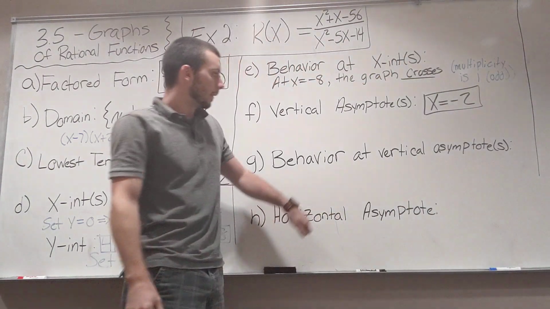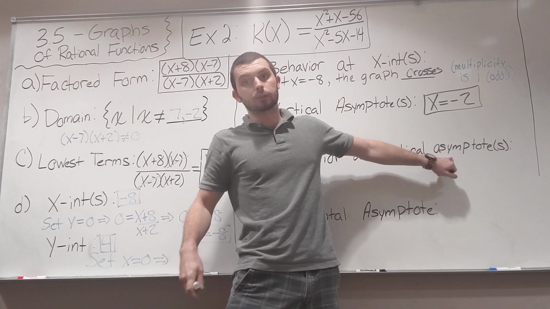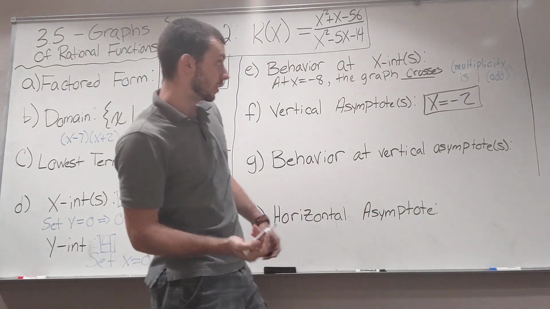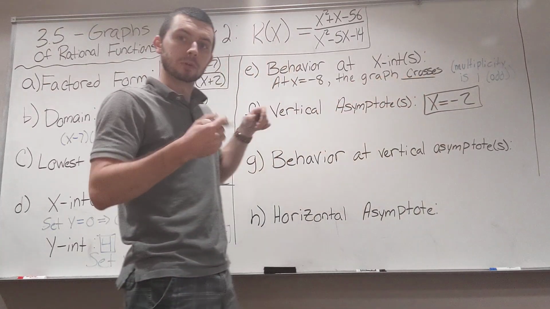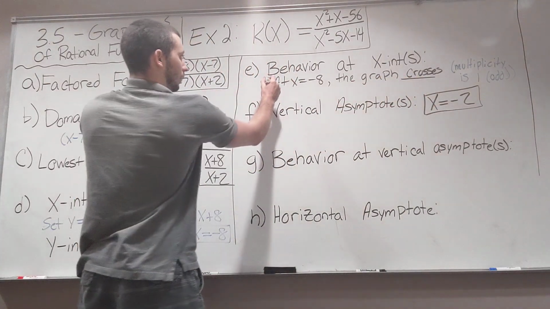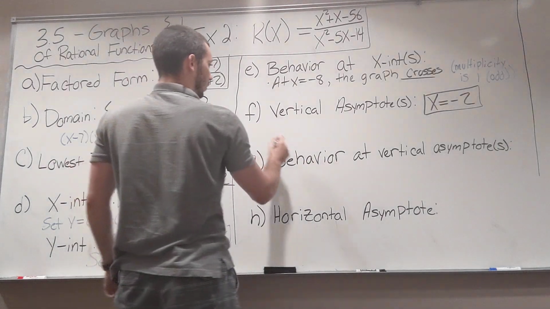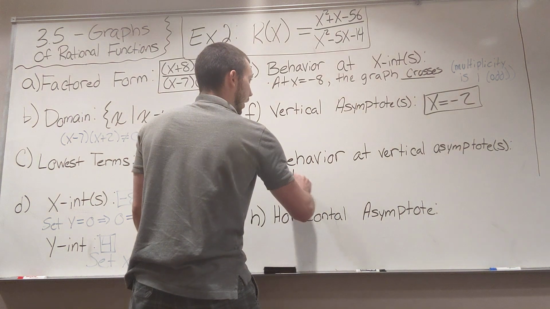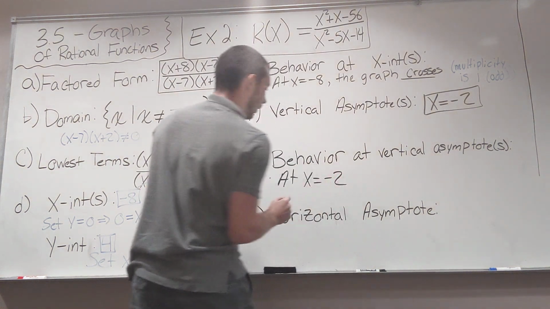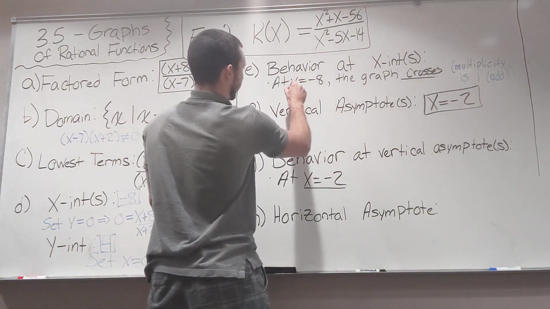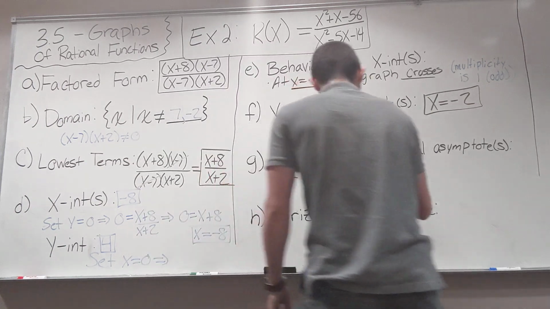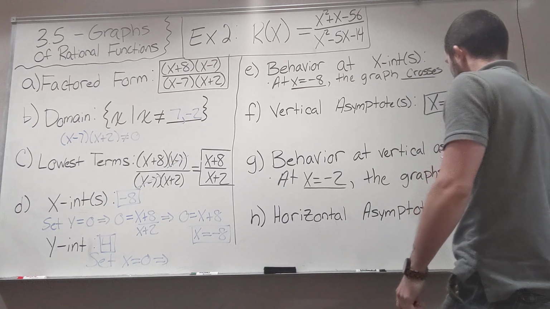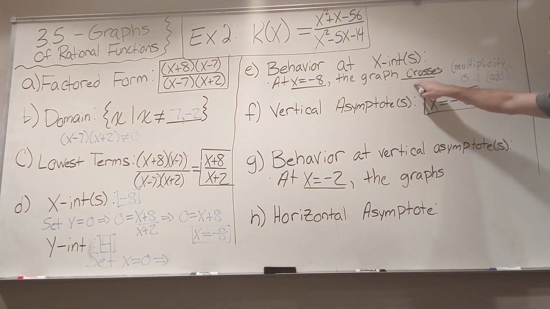And so the behavior at the vertical asymptotes still corresponds in the same way. We figure out the multiplicity of negative 2, and from there we make the same observation as we did in part E. So at x is equal to negative 2, the graph crosses, by the same logic as this problem.